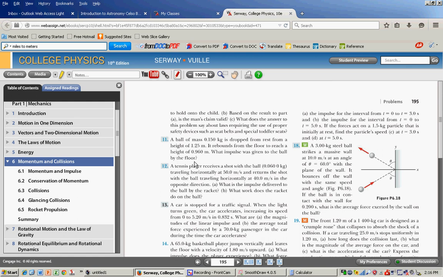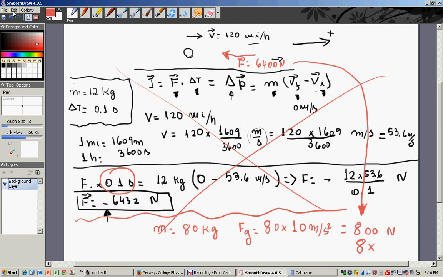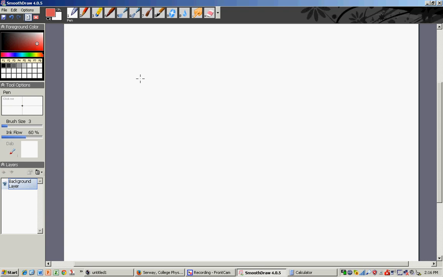So we want to solve for impulse. So what do we do? First of all, we try to visualize the situation. So we have a floor and we have a ball that is being dropped. By the way, the ball has a mass, which is given, and it is dropped from rest.